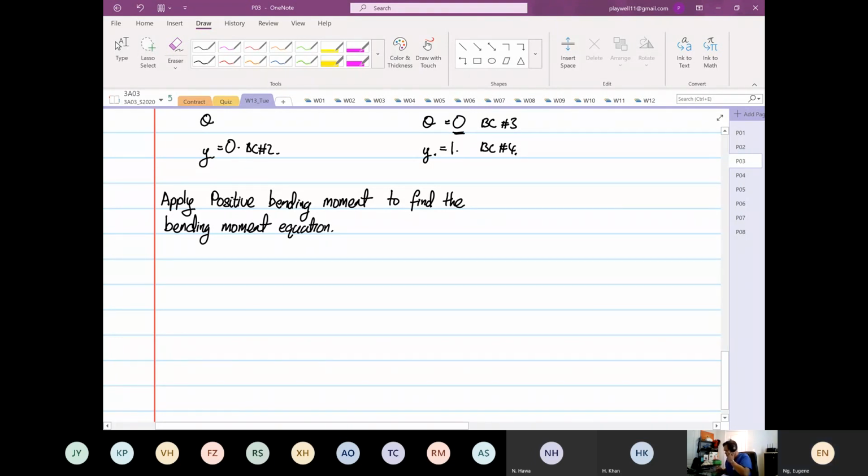Come on, Eugene, wake up. I'm not interested in the shear force because I don't need to form the shear force equation. Once you have the bending moment equation, we're going to use the elastic curve already.